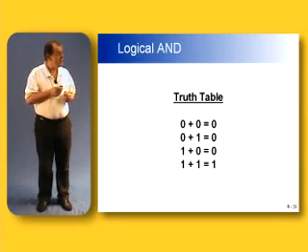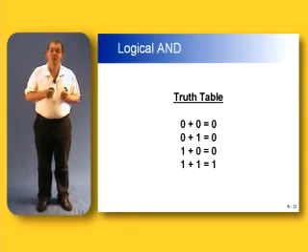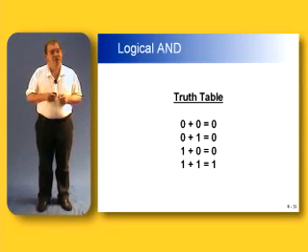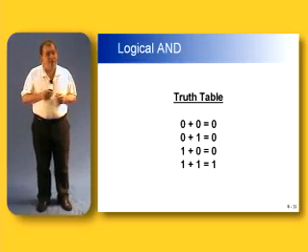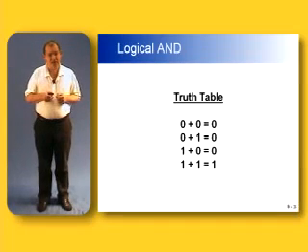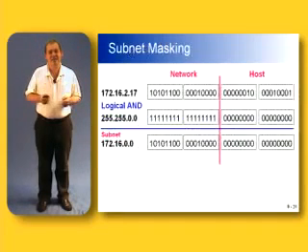If we AND a 0 and a 1 together, the result is still 0. If we AND a 1 and a 0 together, the result is still 0. The only time we get a 1 as a result is when we AND 2 1s together. And that's what the computer's doing between the IP address that we've configured on it and the subnet mask.